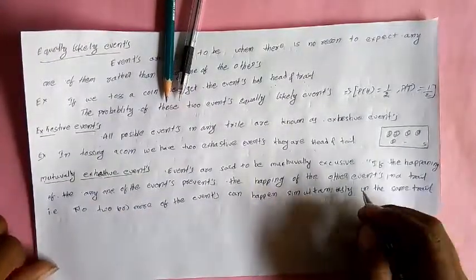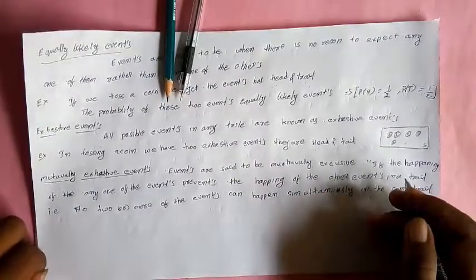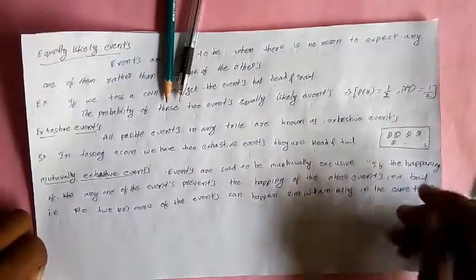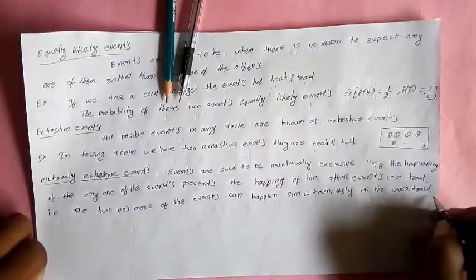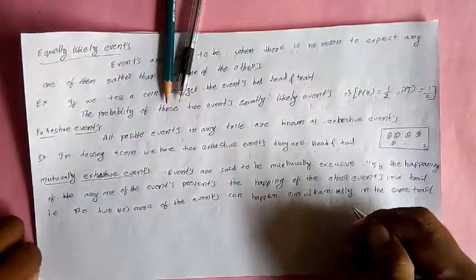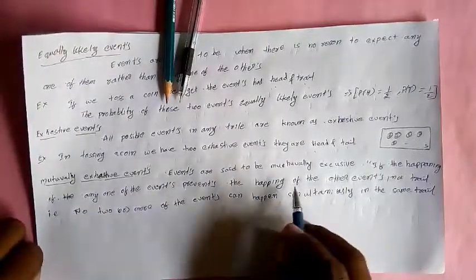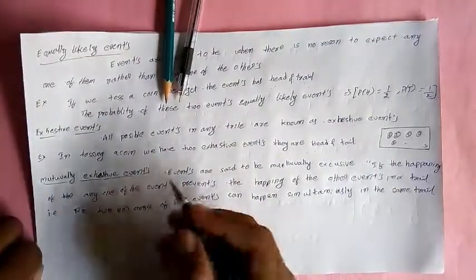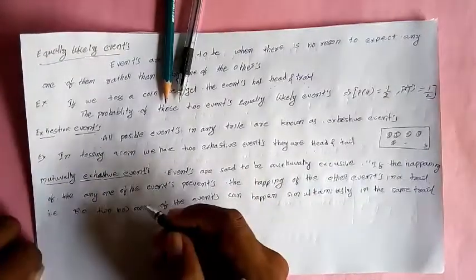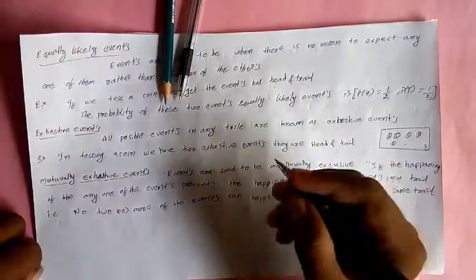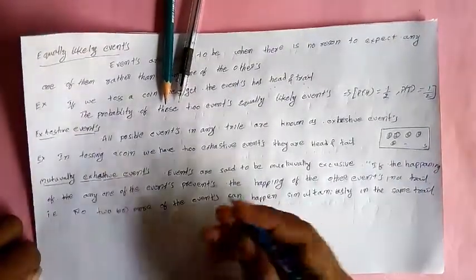Suppose in tossing a coin, we cannot get two heads or two tails at the same time. These are explained by mutually exclusive events. This can be discussed briefly in the problems.